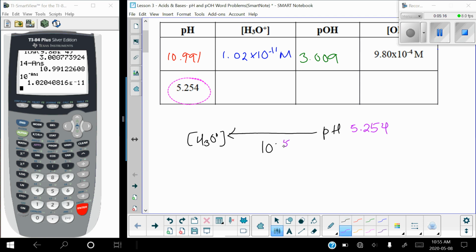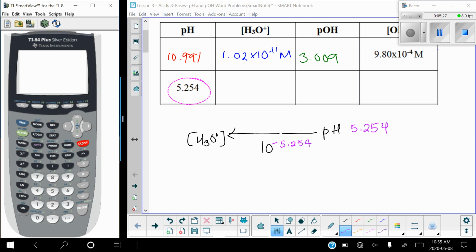5, oh boy, let's try that again. Negative 5.254. Let's plug that in. 10 to the power of negative 5.254.